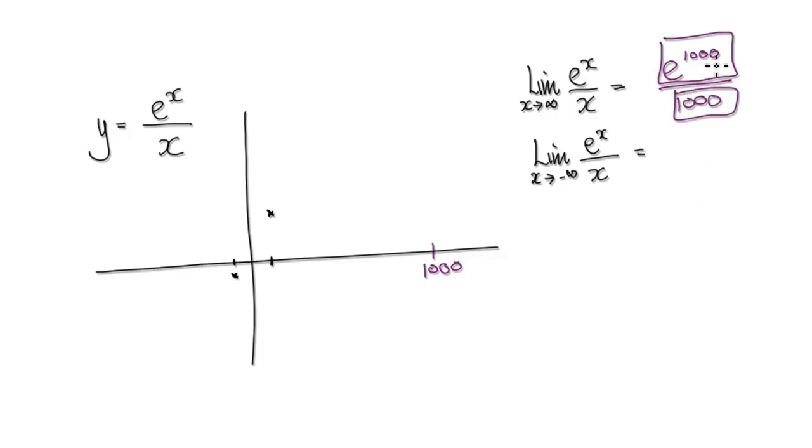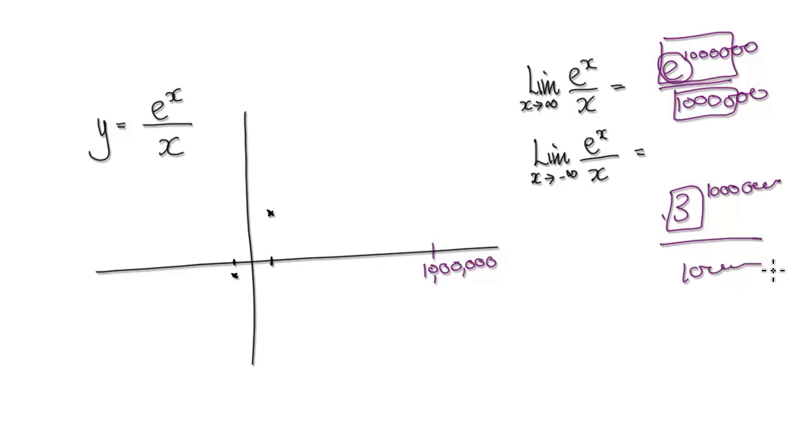Okay, if 1000 is not big enough, let's imagine we're moving towards 1 million. I know e is 2.7 something. Let's just imagine it's 3. 3 to the power of 1 million divided by 1 million, which would be bigger? Well, if you think about it, the numerator would be a lot bigger than the denominator.